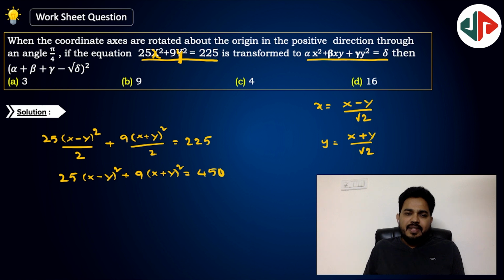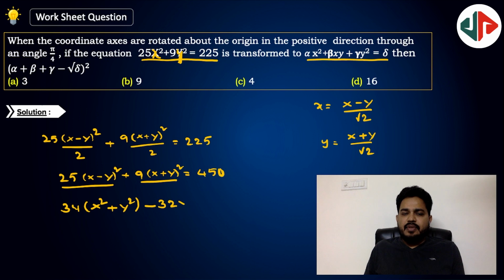So 25x square plus 9y square, that is 34 times of x square. Similarly, 25y square, 9y square is also this one. Now from here you'll get minus 50xy plus 18xy. So you will be getting minus 32xy is equal to 450.